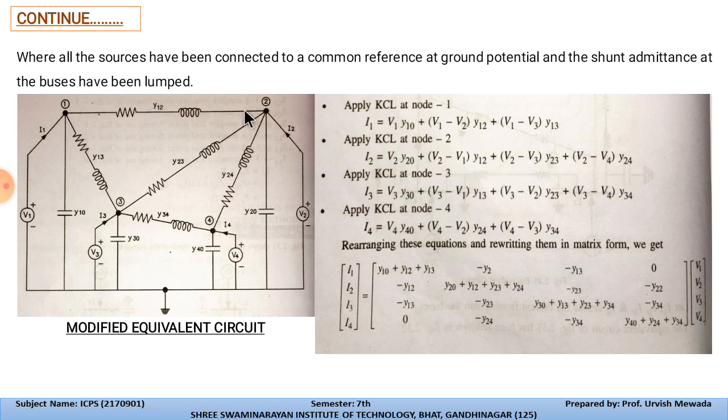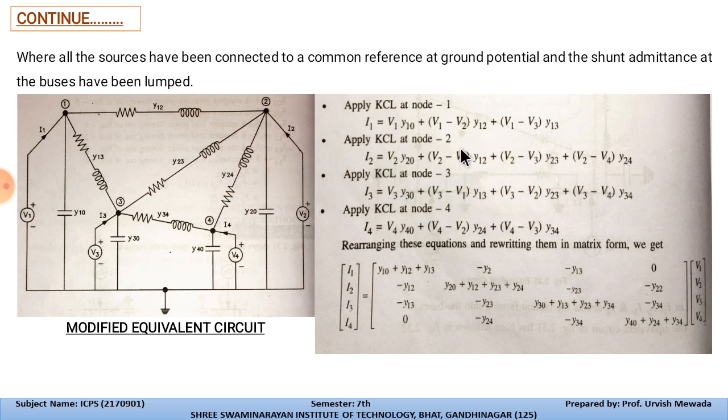Similarly for 2 to 3, we are starting from this side, so V2 minus V3 into y23, and this is the node at which we are applying the KCL, that is V2 minus V4 into y24. So similarly apply the KCL at different nodes.